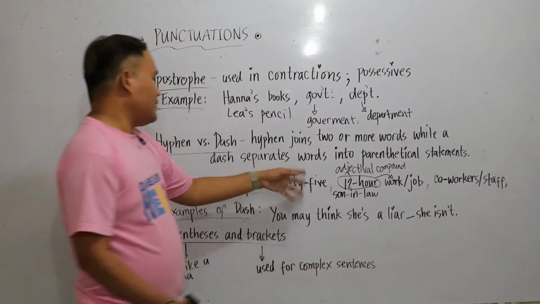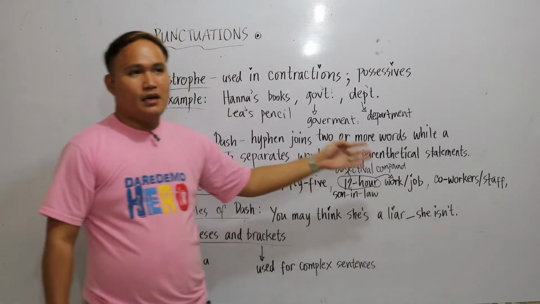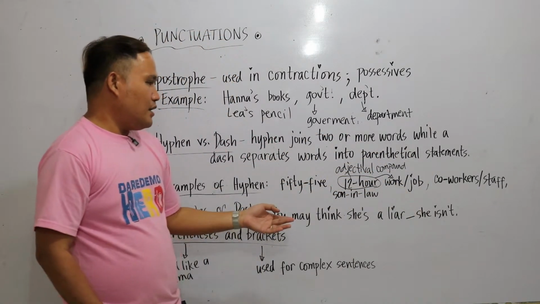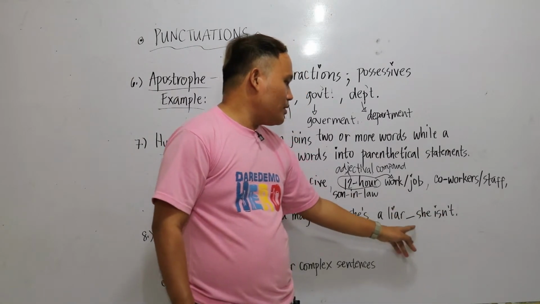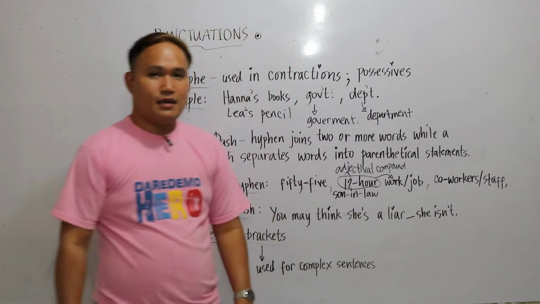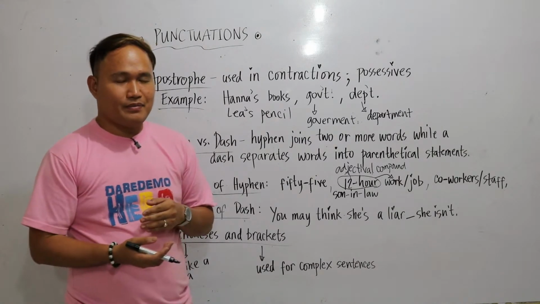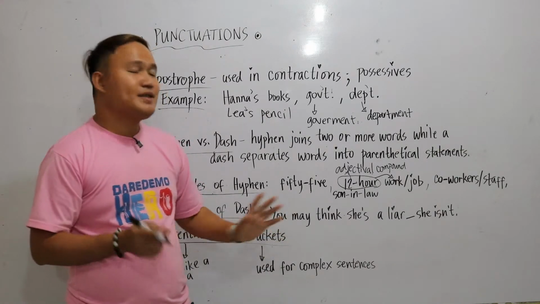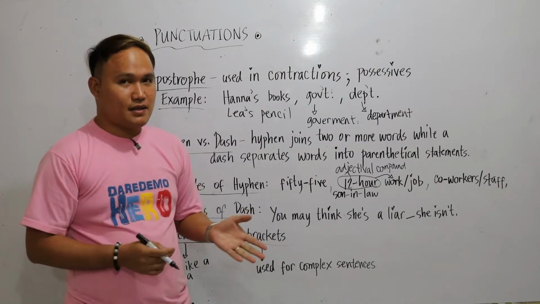Now, dash, this is what we call parenthetical statements. It's like there is a parenthesis here, but you put a dash instead. You're trying to put emphasis, okay? So you may think she's a liar. She isn't. She is not.